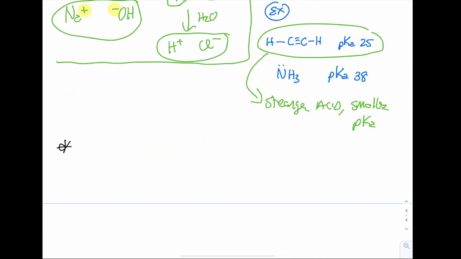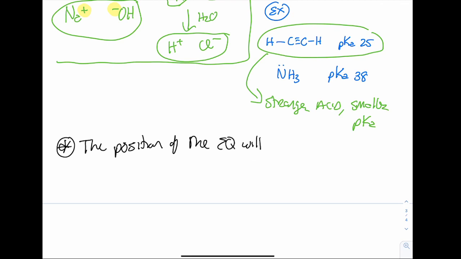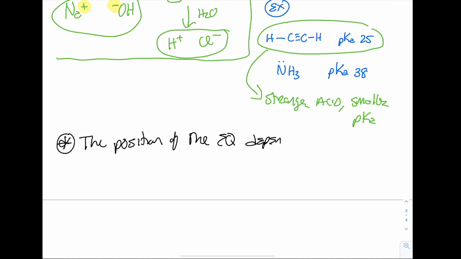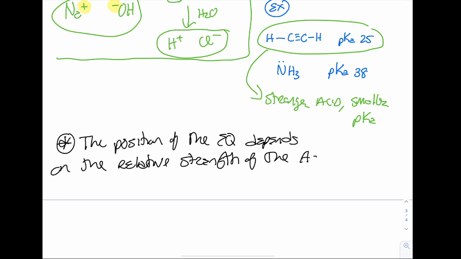The position of the equilibrium depends on the relative strength of the acid and the base.